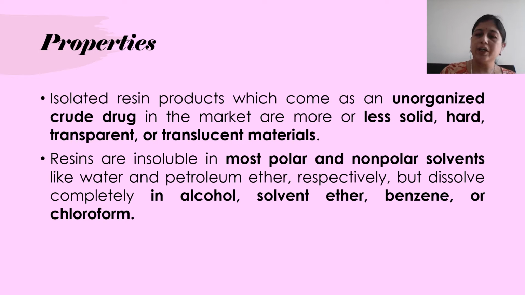A freshly collected resin is generally transparent or translucent in nature, but gradually it may become opaque with time on solidification. They are generally insoluble in most polar and non-polar solvents. They dissolve in only a few solvents, for example alcohol, ether, benzene or chloroform.